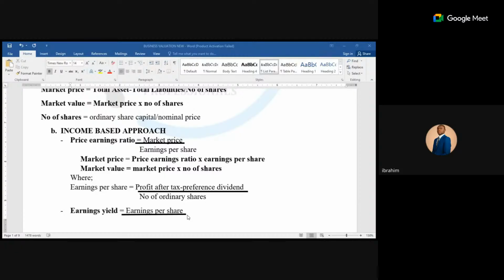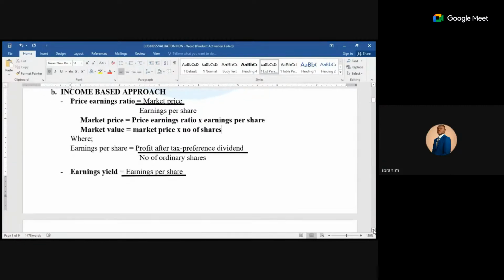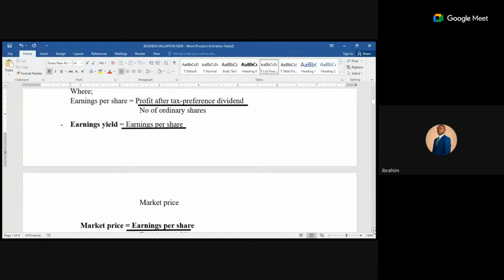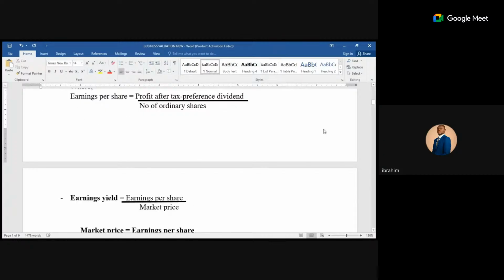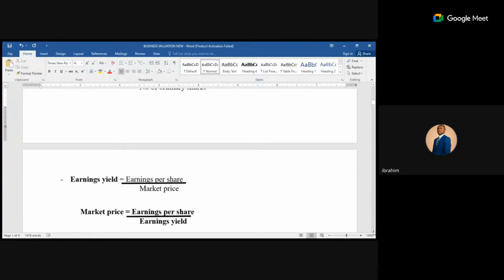We'll get there as we move. Now, earnings yield. What is the formula for the market price? You can make it the subject of the formula as well, because the question will say using earnings yield.